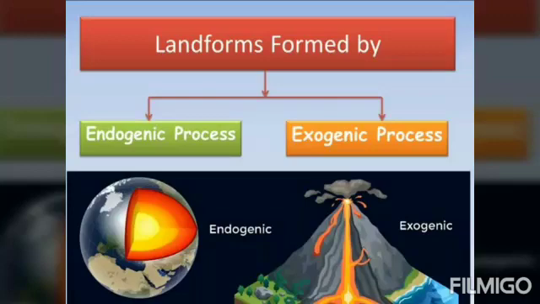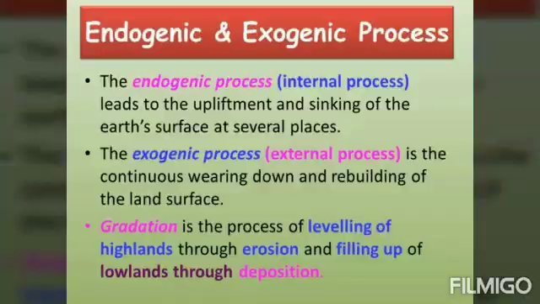Landforms are formed by endogenic process and exogenic process. Here the endogenic process, the internal process, leads to the upliftment and sinking of the Earth's surface at several places. The exogenic process, called the external process, is the continuous wearing down and rebuilding of the land surface.